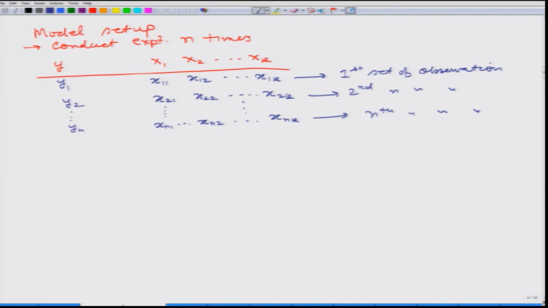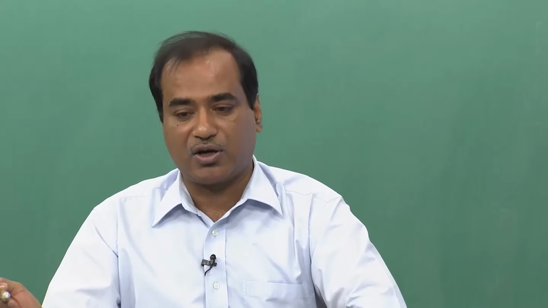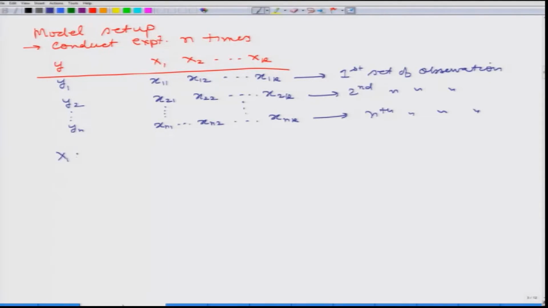What does this actually mean? For example, if I take the same example of yield of crop. Say x1 is my quantity of fertilizer and x2 is my irrigation level and x3 is my seeds, right.